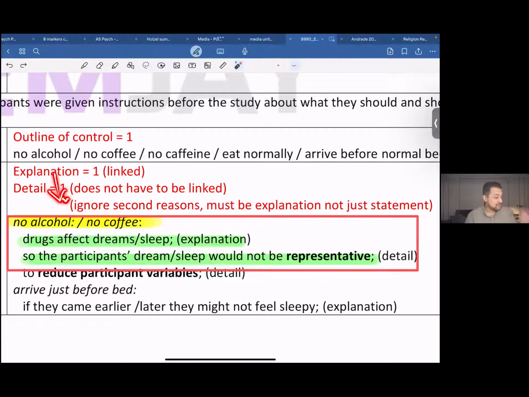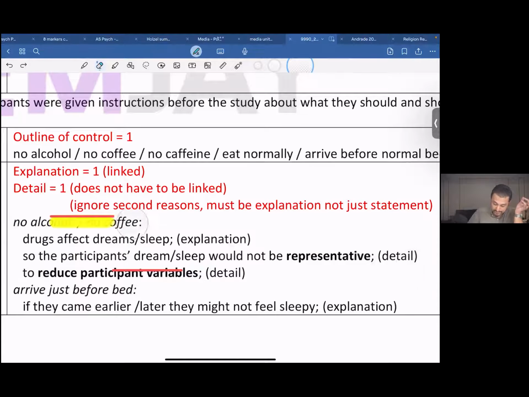Coffee charges you, coffee keeps you motivated, so does mine. It would affect your sleep, right? So if a participant's sleep is affected, the sleeping patterns or the findings of the research might not be representative of the typical sleeping patterns of participants. So to be able to score a 2 on 2, you need to provide a detail.